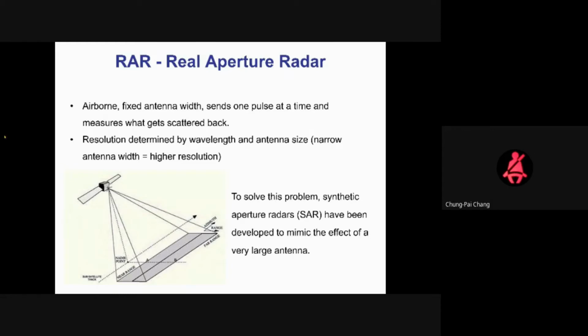So this kind of radar image we call RAR, R-A-R, real aperture radar. The resolution for an airplane is still okay, but for a satellite it's normally too low for observing the land surface. So we have to find some technique to improve the radar image resolution.